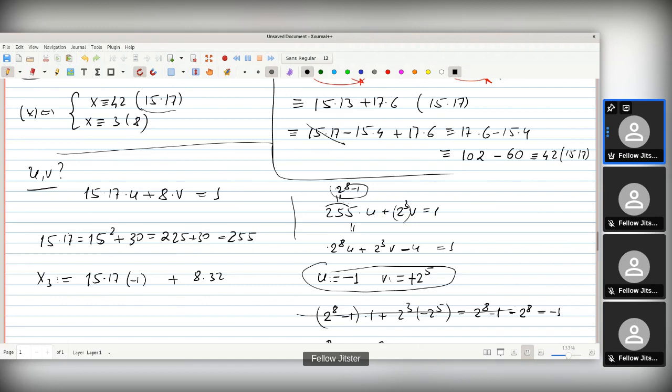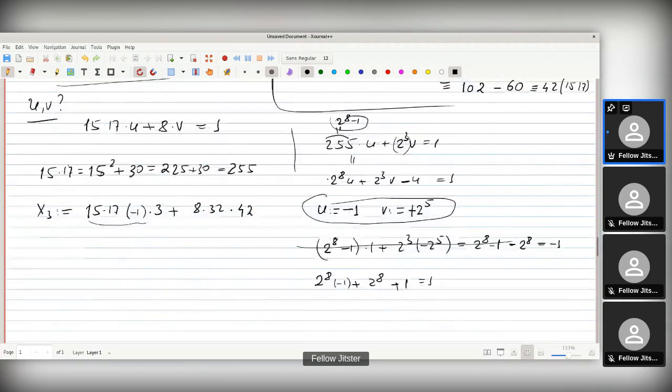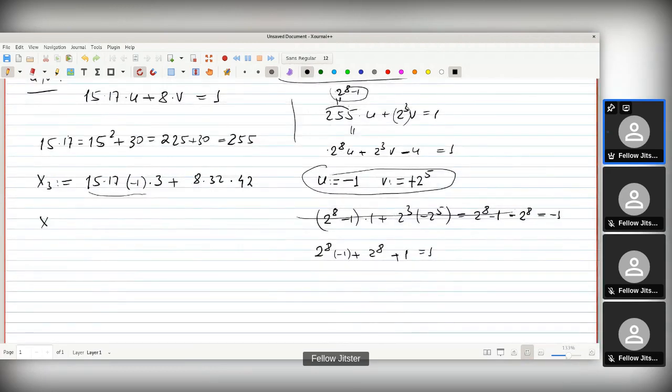Multiply this one by what? By 3, and this one by 42. Is it clear? Yeah.